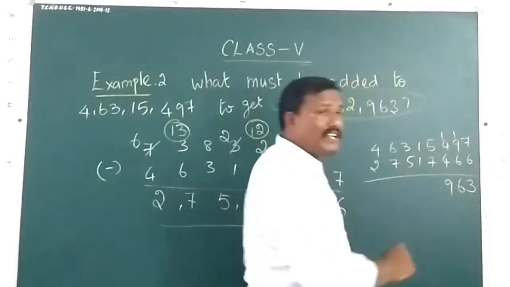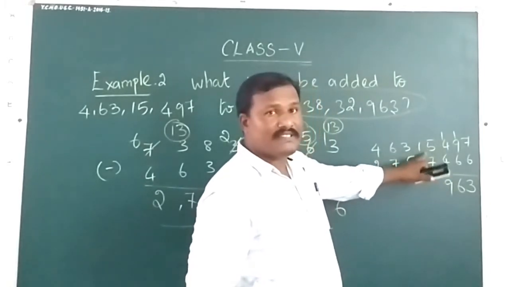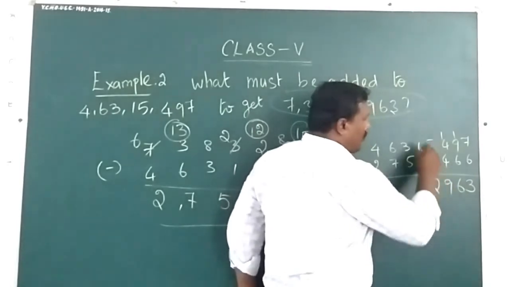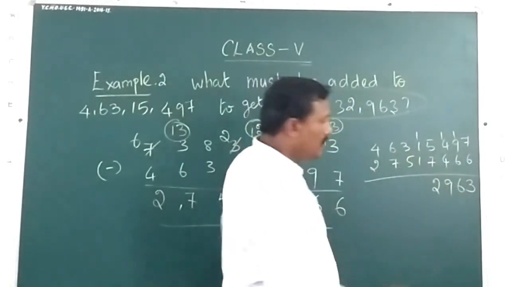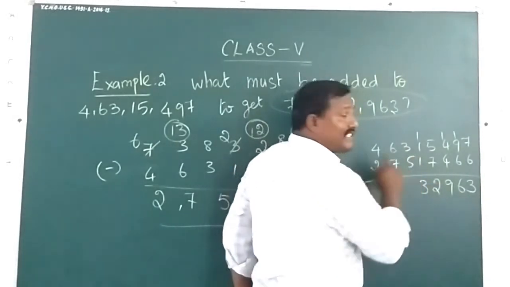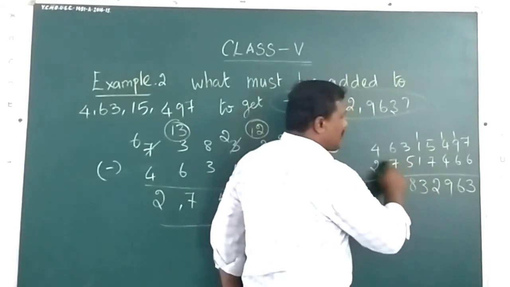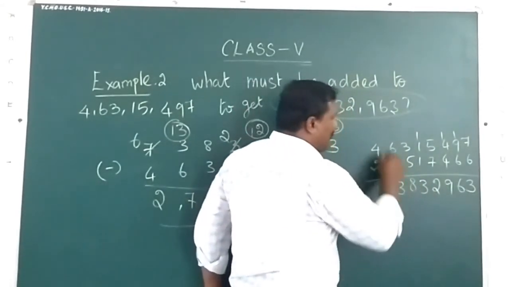Then 5 plus 7 plus 5, 12. 12, we put 2, remainder 1. 1 plus 1, 2, 2 plus 1, 3. Then 5 plus 3, 8. Then 6 plus 7, 13. 13, we put 3, remainder 1.